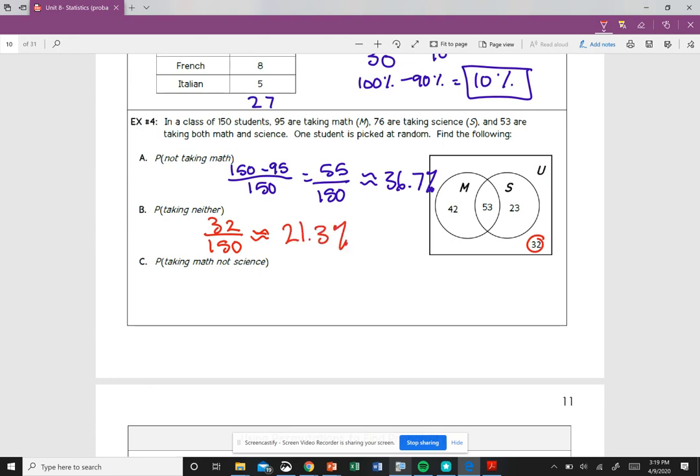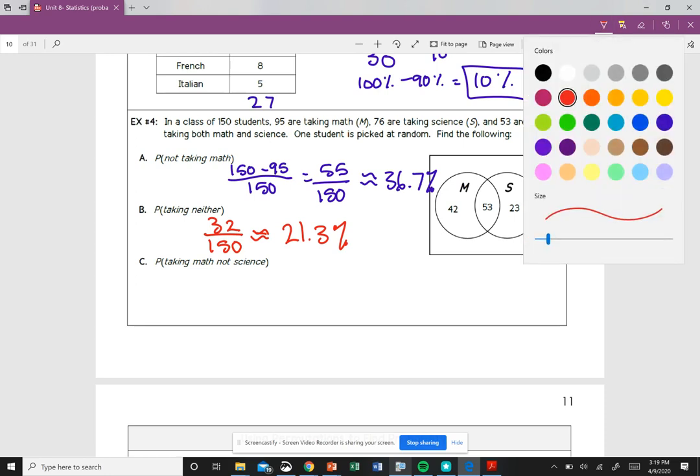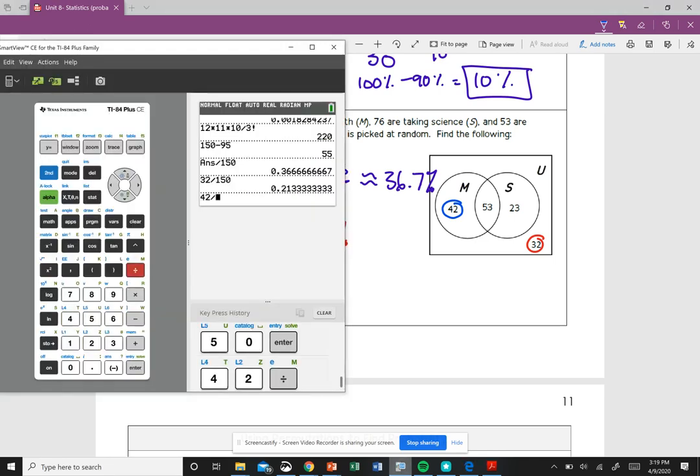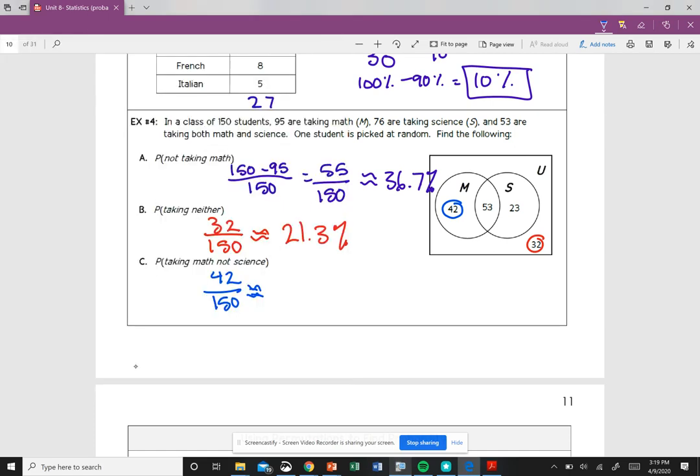Cool. All right, taking math, but not taking science. That would be only these 42 students. So that would be 42 out of 150, and that's exactly 28%.